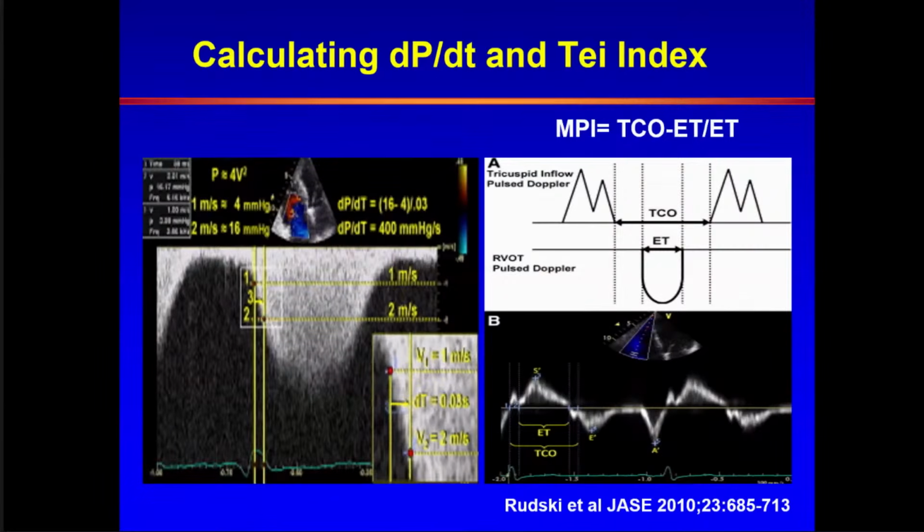The problem with it is that you include in the numerator the isovolumic relaxation time. When patients have a high right atrial pressure, that isovolumic relaxation time shortens, which means the ratio drops, giving you the false impression that function has improved when it's actually worse diastolic function explaining the findings.